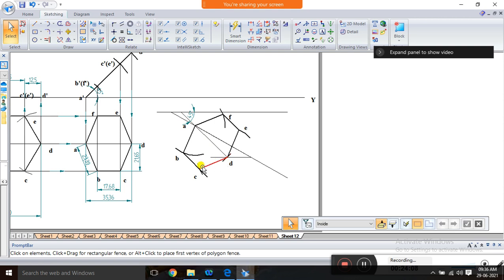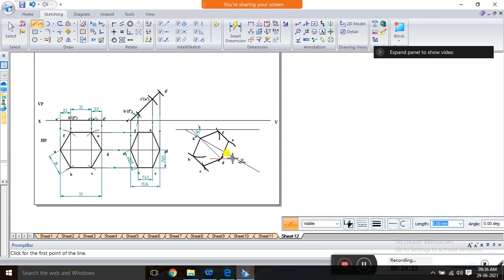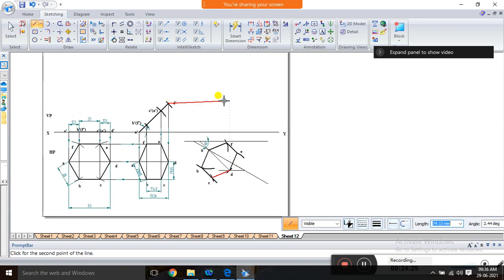Draw that and take the arc and cut it, so that you get an intersection point, and you can name those points B, C, E and F. Once you get that, then you can go for projecting, so that you will get the final front view of the problem.